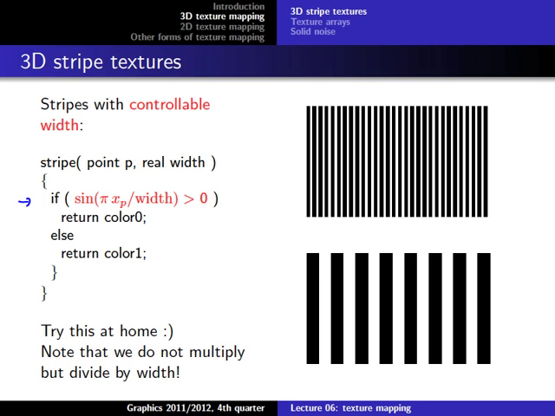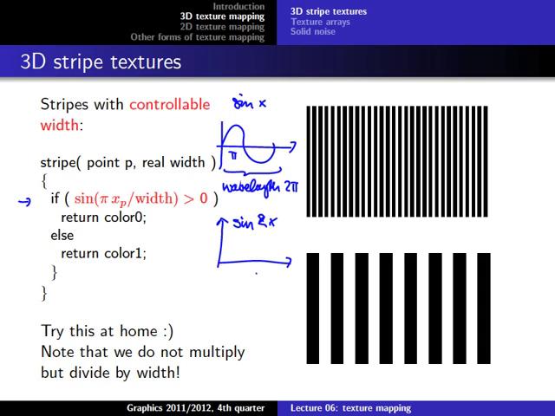But if you look at how the sine function is defined, this is the sine of x, this here is the width pi, and this is the wavelength 2 pi. Now if you look at what happens if you have sine 2x, then of course the wavelength reduces by half, so you get a wavelength of pi.